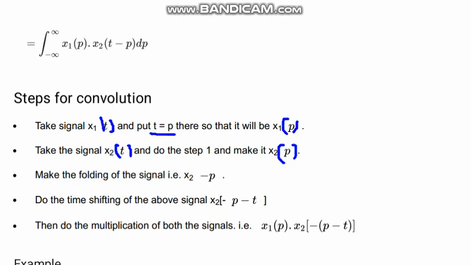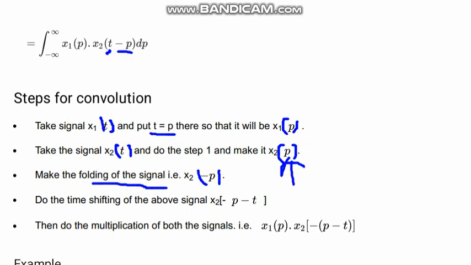That means we first take the function as p, replacing t with p, and make the folding of the signal as x2(-p). Folding here means that t minus p is there. The folding property means to take the inverse of a function with respect to its x-axis, that means with the independent variable. Okay, so x2(-p) here.